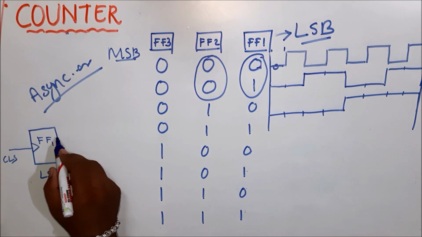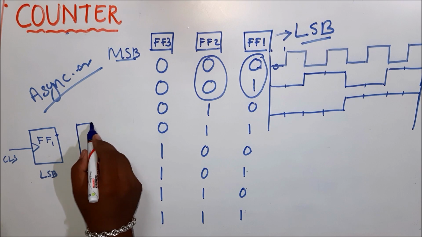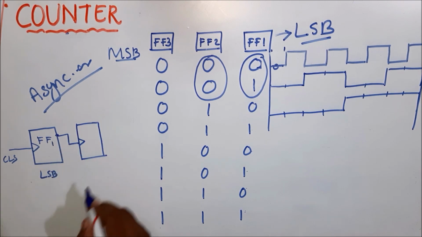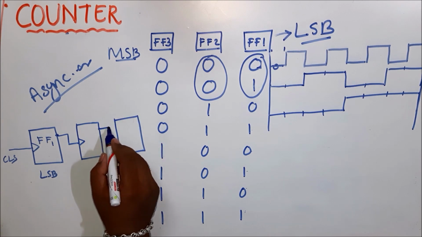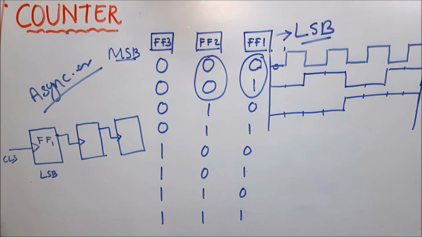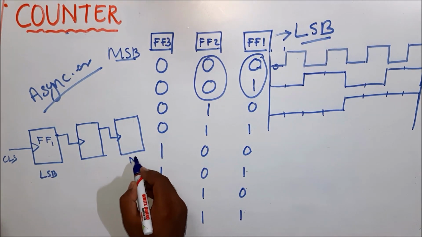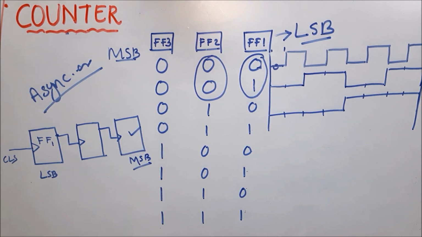The output of the first flip-flop is given to the clock of the next flip-flop. Similarly, the output of the second flip-flop is given to the clock of the third flip-flop, and the extreme end flip-flop is called the MSB flip-flop, designed to count the MSB terms. So this is all about the counter designing.